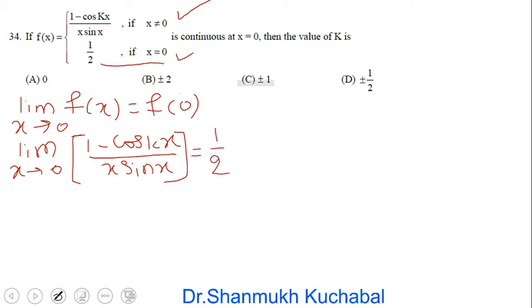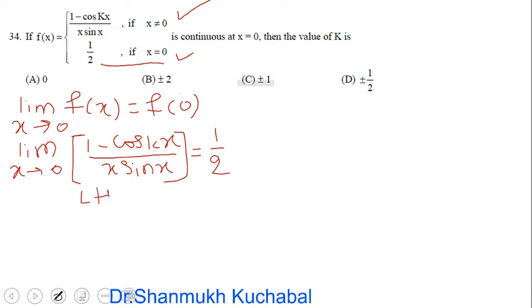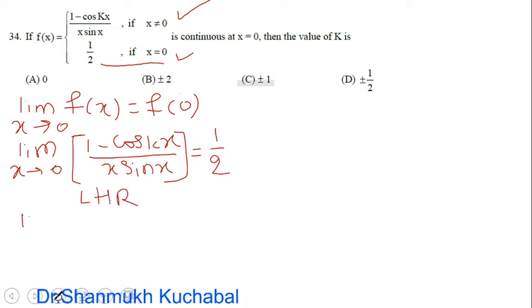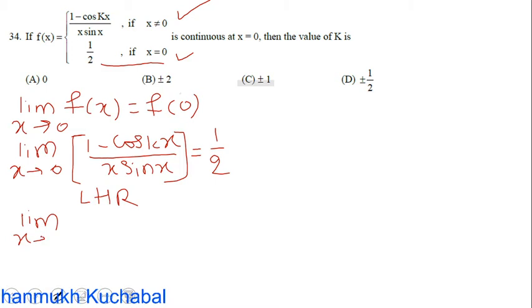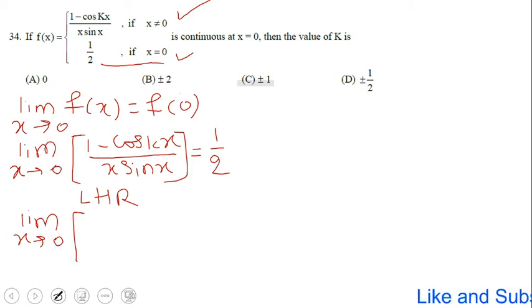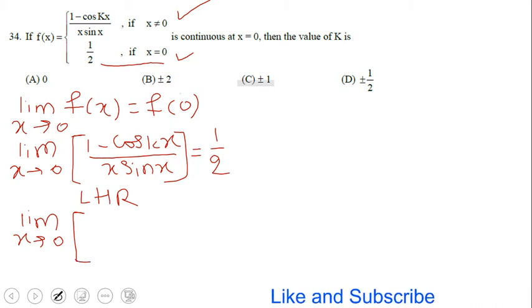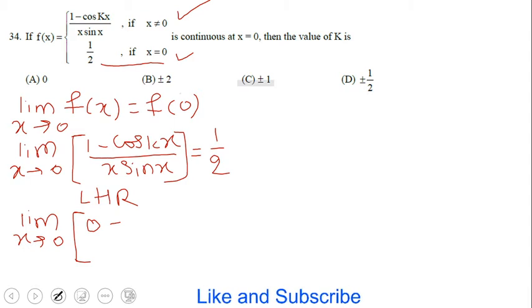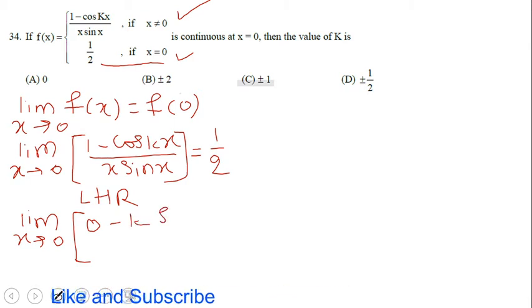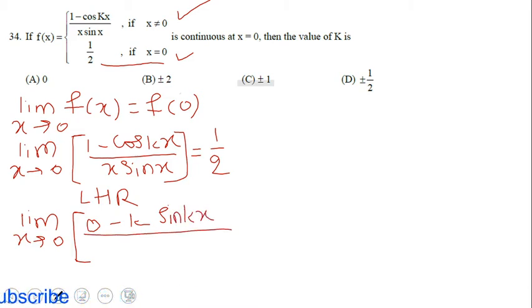So we will apply L'Hospital's rule now. The limit x is tending to 0. L'Hospital's rule is we have to differentiate the numerator separately and the denominator separately. For the numerator, the differentiation of 1 is 0, minus cos kx differentiation is k times sin kx, and for the denominator we have to use the product rule.